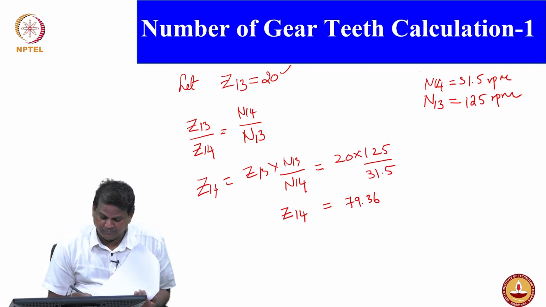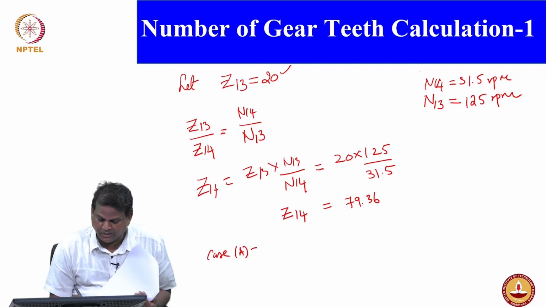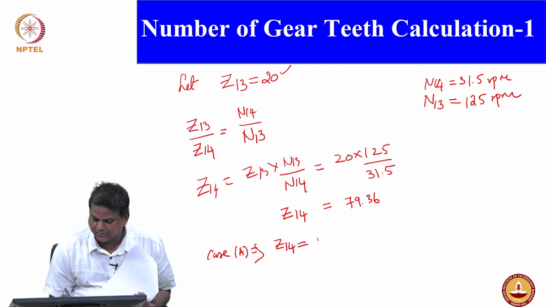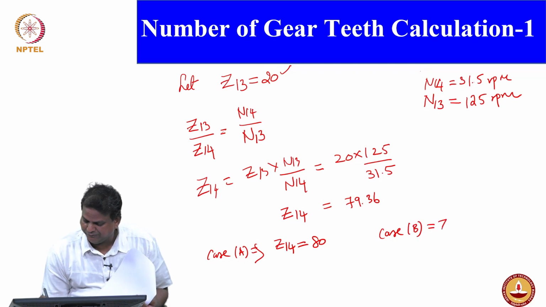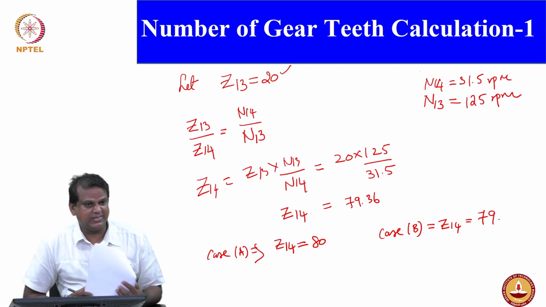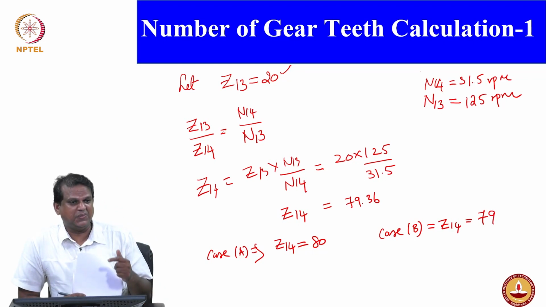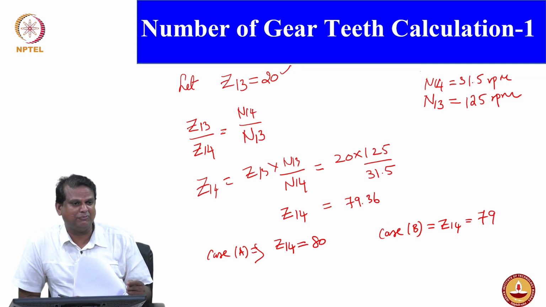So assuming that we will have case A, when you round up Z14 as 80, and case B, Z14 as 79. We will do both so that you will understand the way to do that. Please understand, earlier we discussed step ratio. The step ratio can have 10% of variation, so that will take care of that.